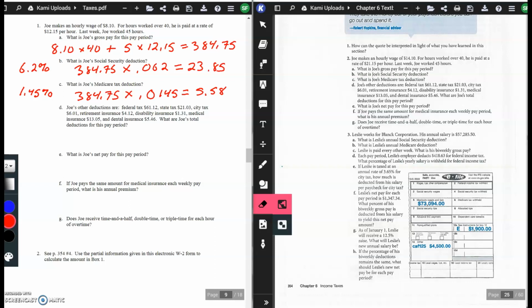So $61.12 plus $21.03 plus 6.01 plus 4.12 plus 1.31 plus 13.05 plus 5.46 gives you total deductions of $112.10.